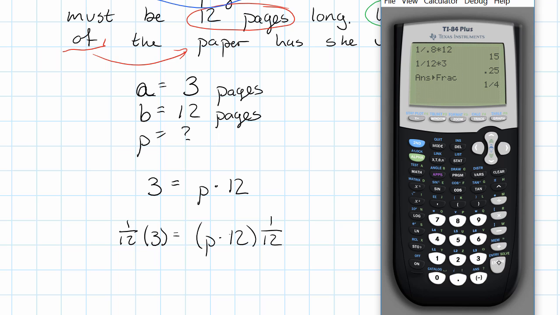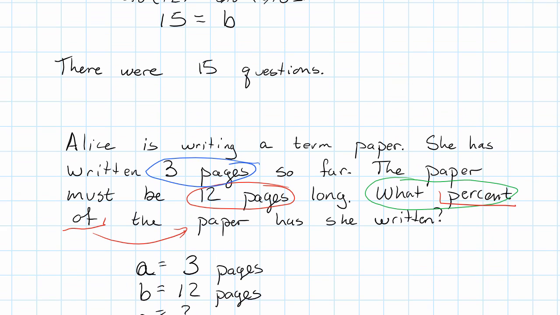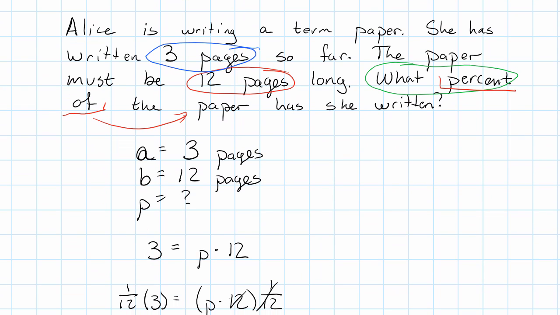We could make that as a fraction if we want, but I think it's going to be easier to turn it into a percent if we leave it as a decimal. 0.25 equals, the 12 and the 1/12 cancel, P. Oh, but we're not quite done.